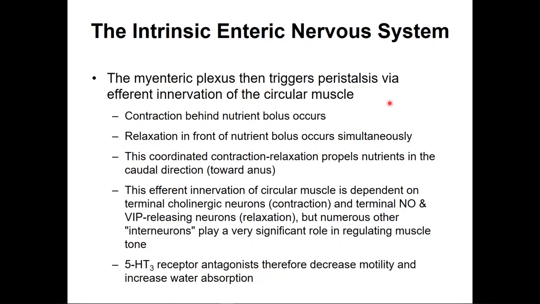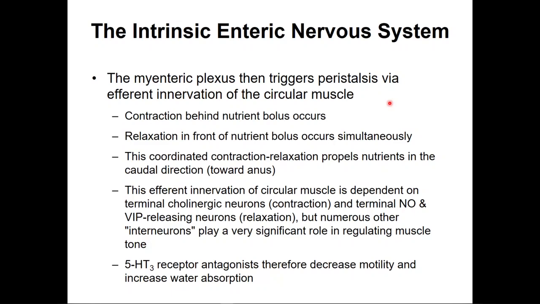Okay, so it's actually hardwired, and I'll show you in a little bit a diagram about that. Wherever the food bolus is, the neurons are hardwired to contract before the bolus and to relax after the bolus.